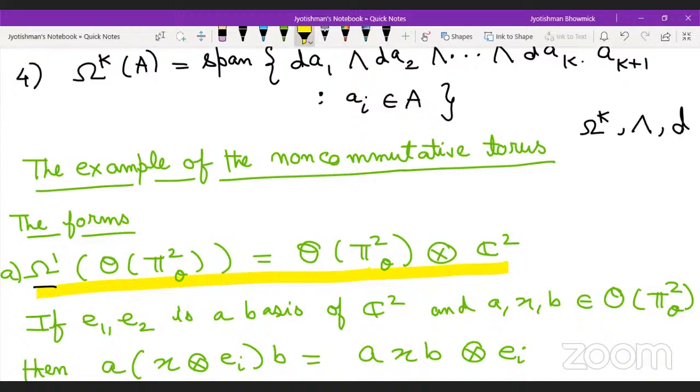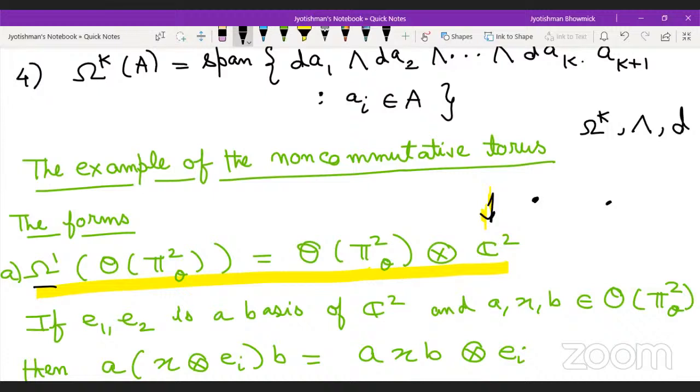One has to remember that the two torus is a two-dimensional manifold, so the only forms which survive are the 0, 1, and 2 forms. Since it's a two-dimensional manifold, you can see the C2 here.